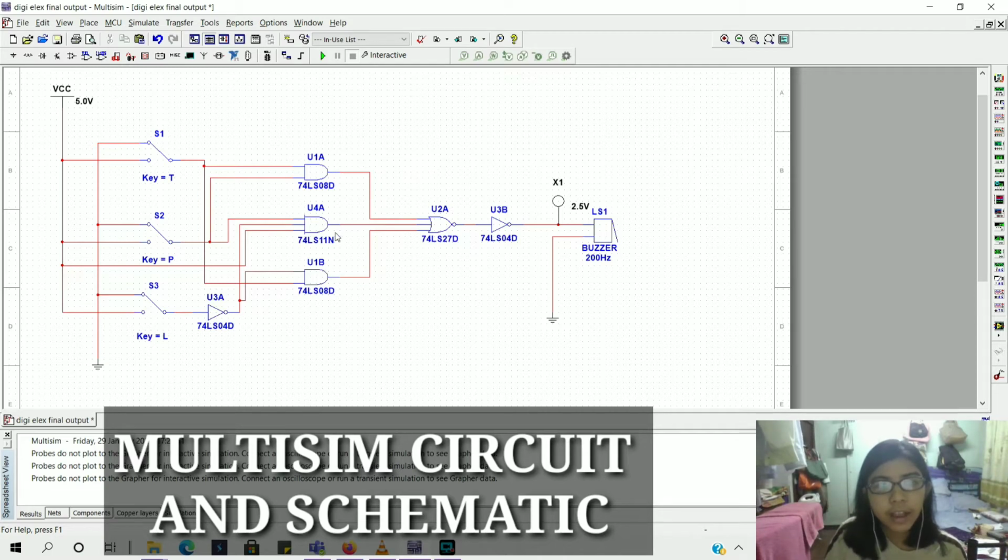And every output of these AND gates, including the output of the triple AND gate, is connected to the inputs of the triple NOR gate, which is the 7427 IC, and the output of the triple NOR gate is also connected to the NOT gate, and it is connected to our buzzer and to the probe. The probe indicates whether the circuit is working for our given parameters.